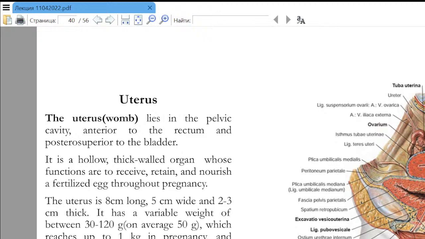The uterus is 8 cm long, 5 cm wide, and 2-3 cm thick. It has a variable weight of between 30 and 120 grams, which reaches up to 1 kilogram in pregnancy and greatly diminishes with age.